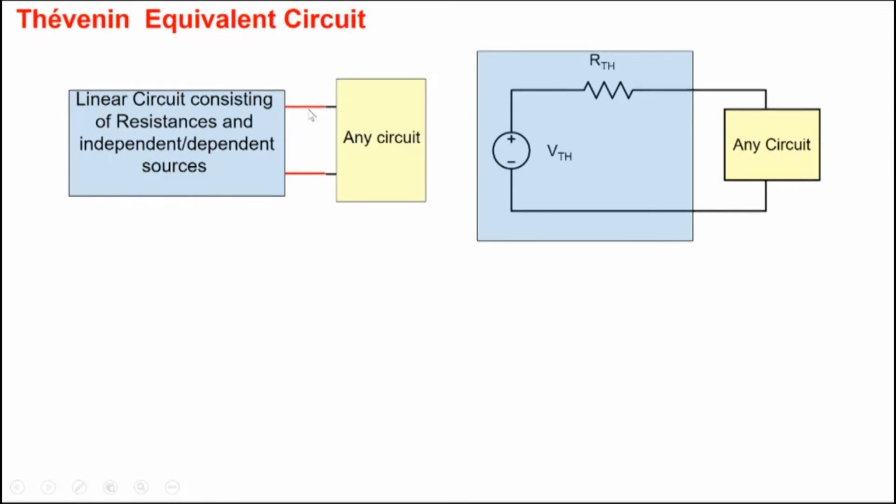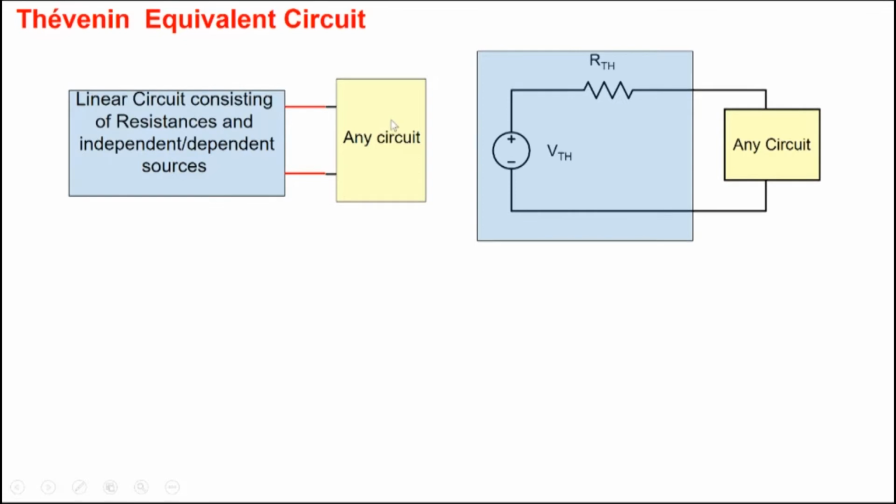In what sense? That if you look at the terminal characteristics here, terminally, this circuit is same as this circuit here. We talked about in what sense are we building equivalent circuits. We said in terms of the terminal current voltage characteristics here. So if you took this part here and you replace it by VTH and RTH, well, no change will occur in the overall circuit.